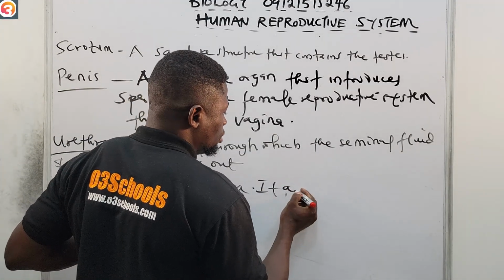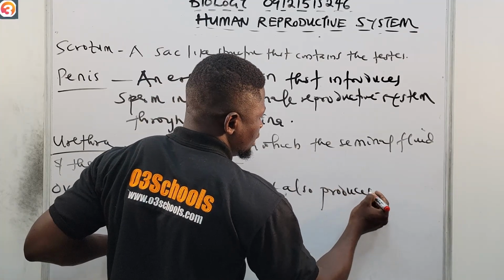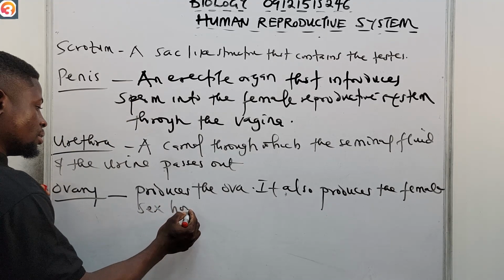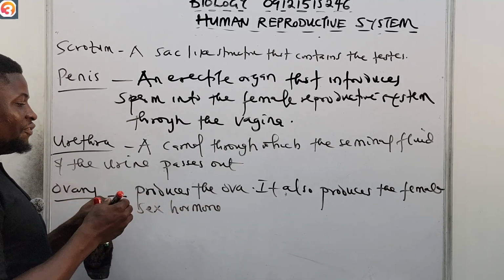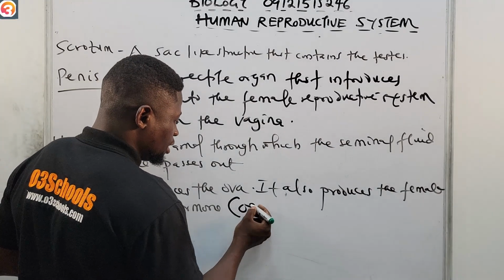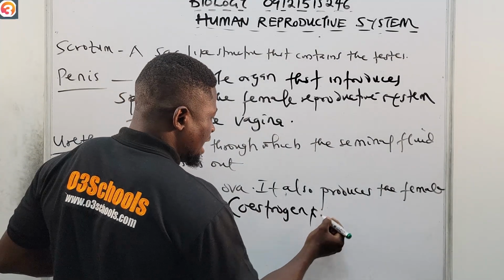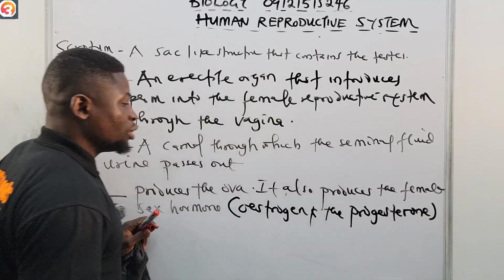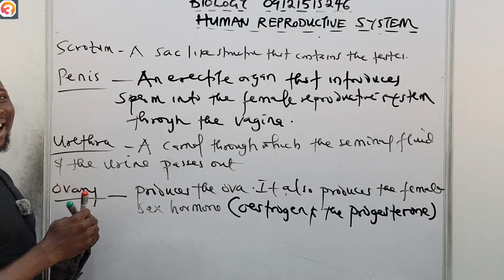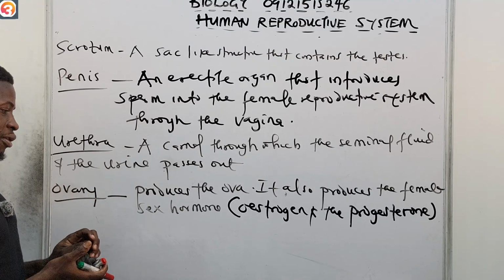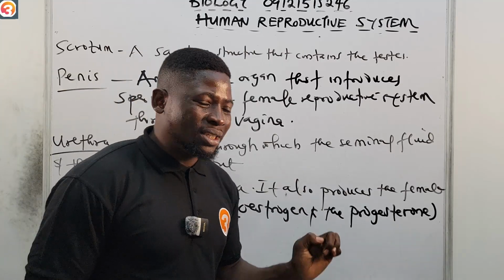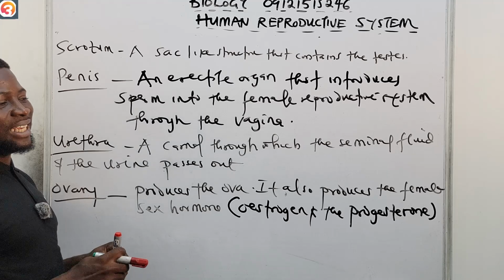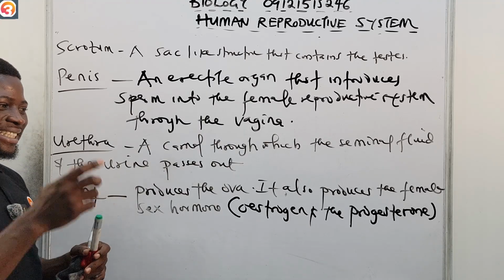It also produces the female sex hormones, called estrogen and progesterone, which help in the development of sexual characters in females. All right, please take note. The ovary produces the ova, and is also responsible for producing the female sex hormones, estrogen and progesterone, which help in the development of sexual characters in females.